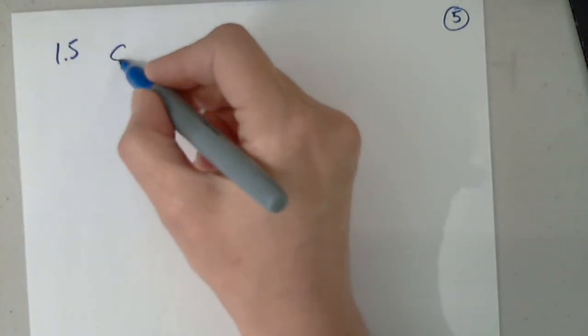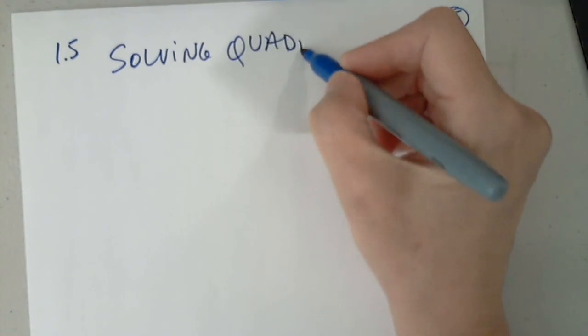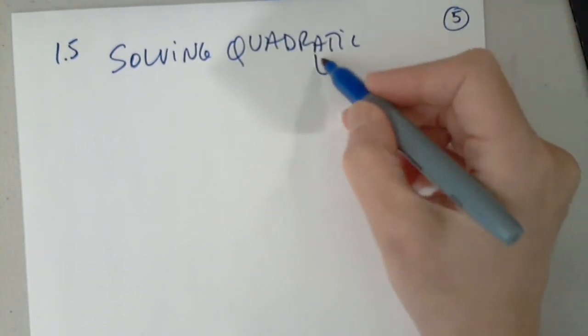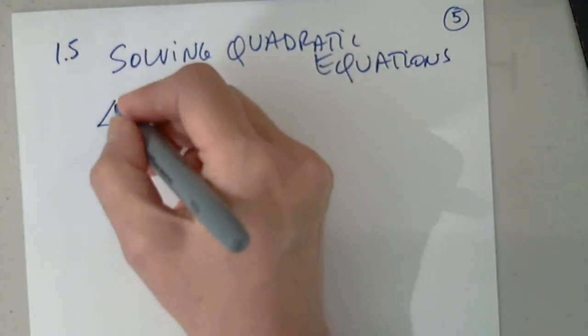So I would like us to continue with section 1.5. Solving quadratic equations. And we have 4 methods.